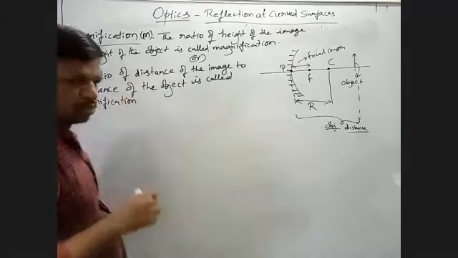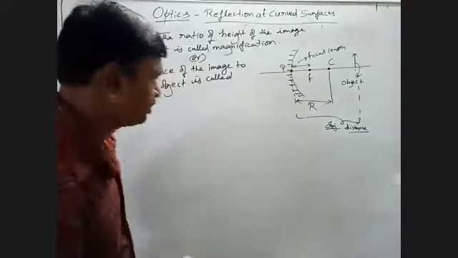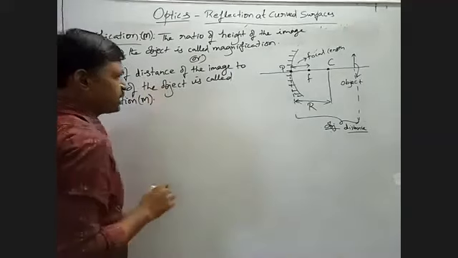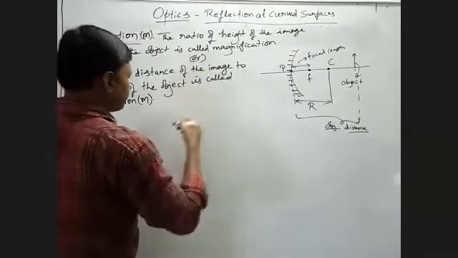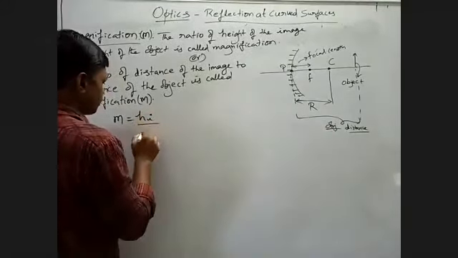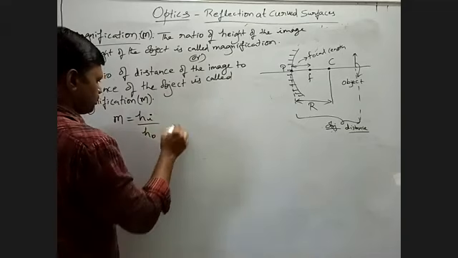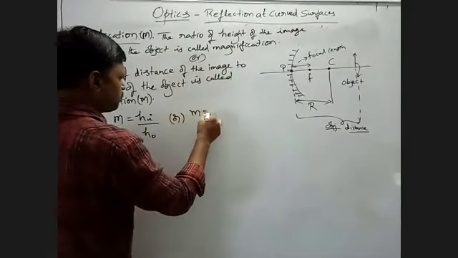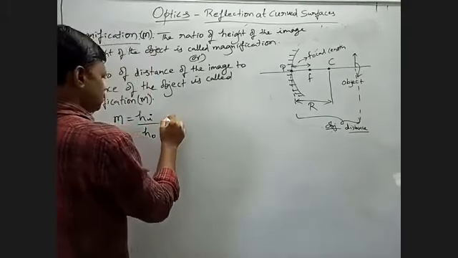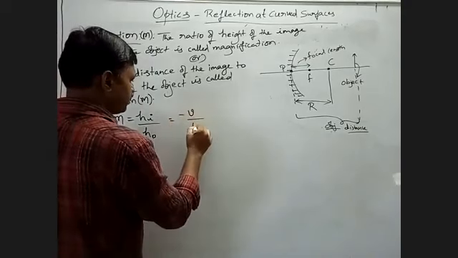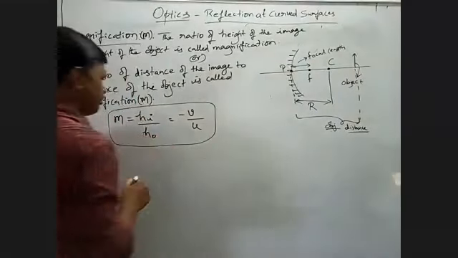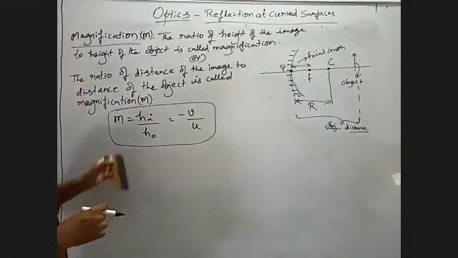You can write any one, both are correct. So m is equal to the ratio of height of image by height of object, or the same thing is equal to minus v by u. So this is our magnification formula.